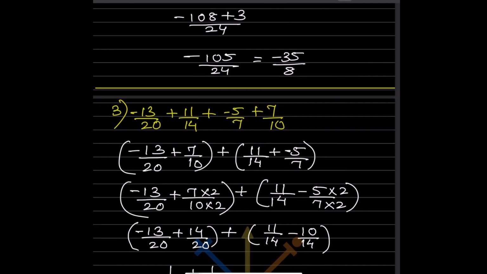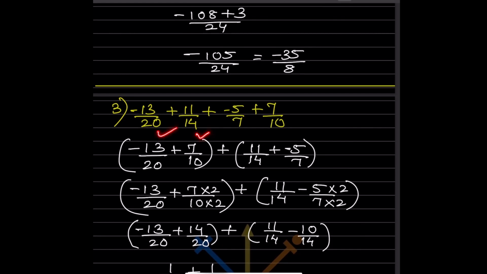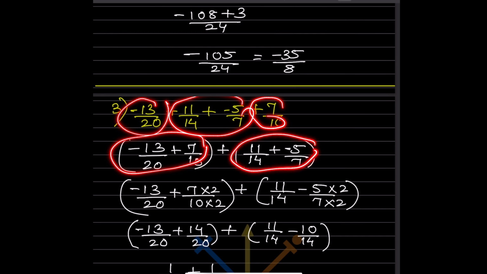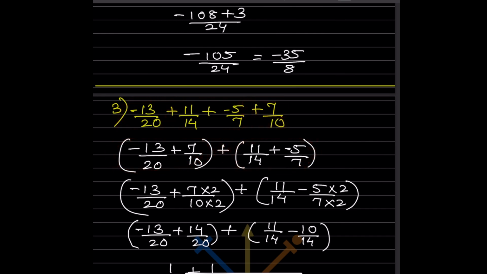Now in this case again, we can see the denominators are different. So now again we'll see which is the multiple of it. We can see here 20 and 10 go together, means 10 2s are 20, and 14 and 7 2s are 14. So let us take this together and this together. And because it is a sum, the positive sign will be in between the two brackets.